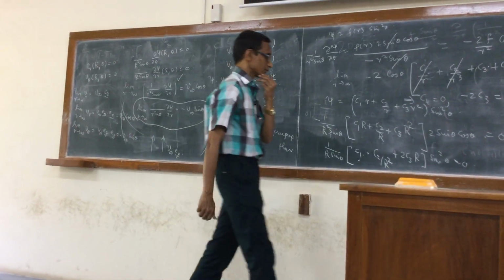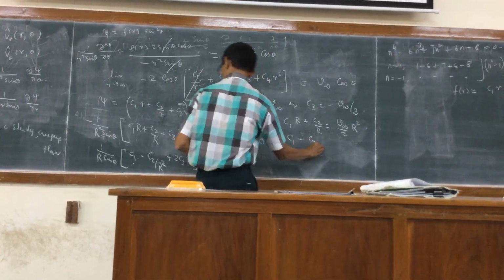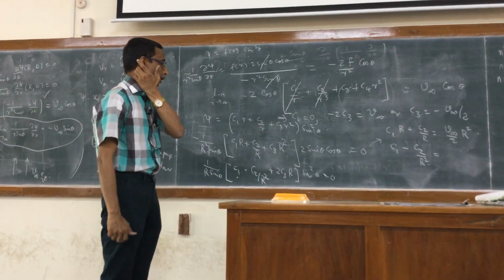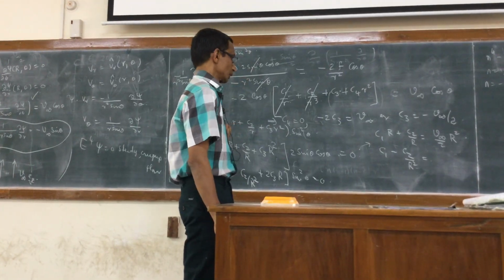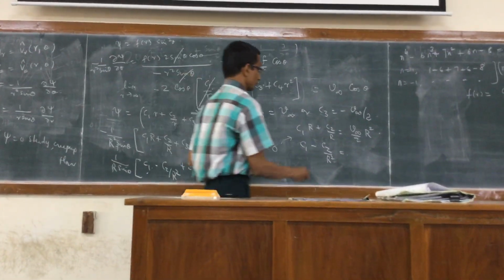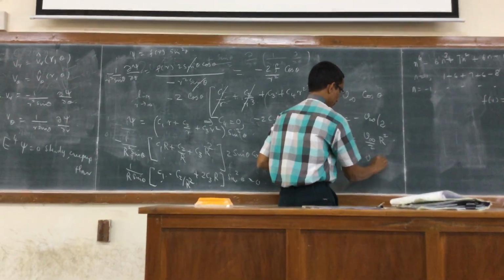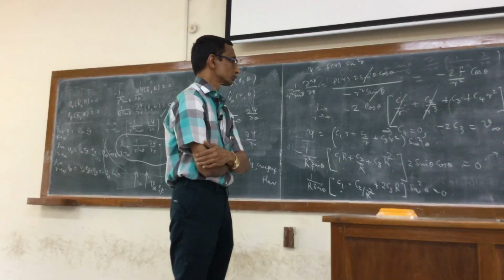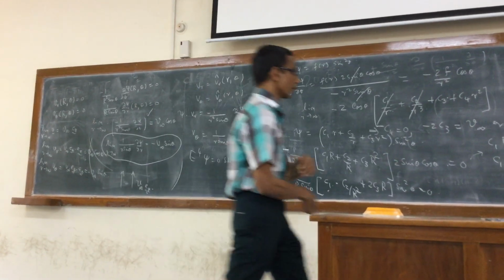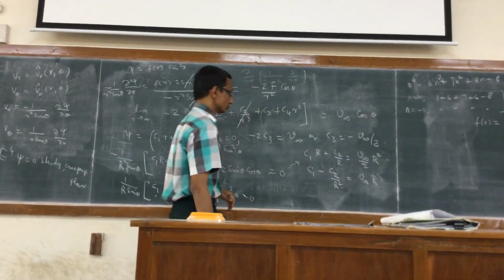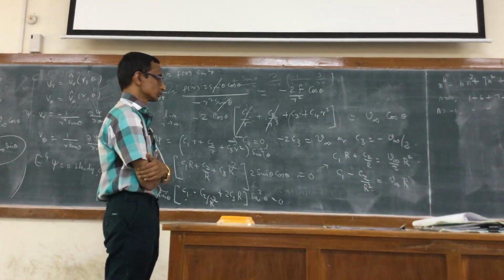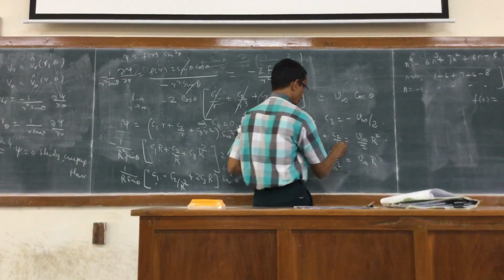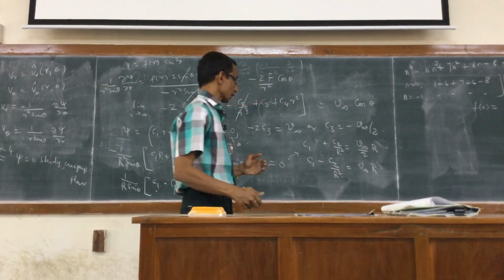So from this I get the second equation, that C1 minus C2 by R square is equal to minus 2 C3 R. I'm sorry, it's only R. So I can also divide by 2 so as to make it similar. So this is what I am getting, right?